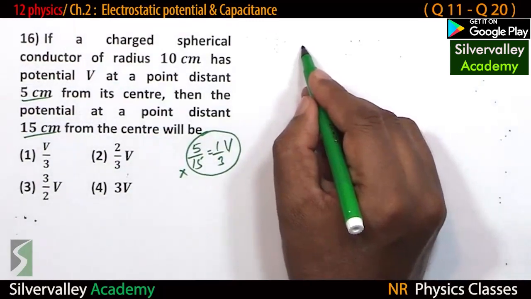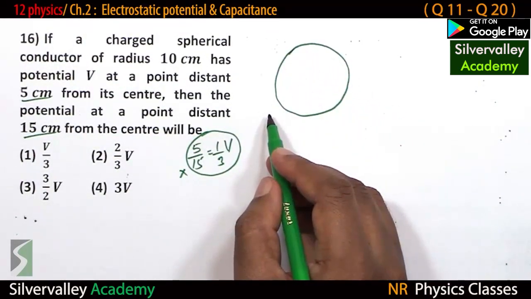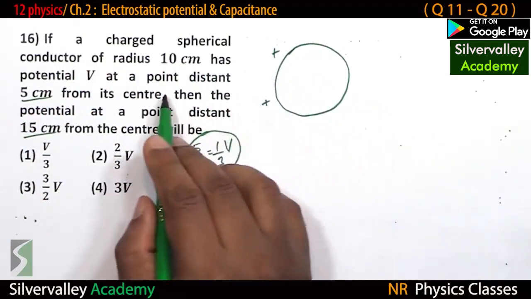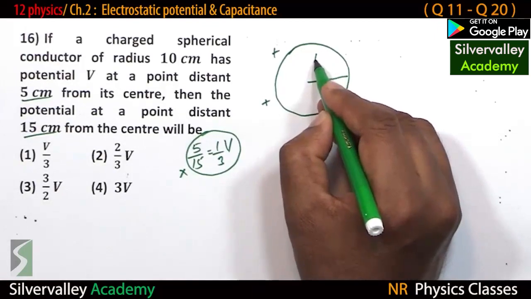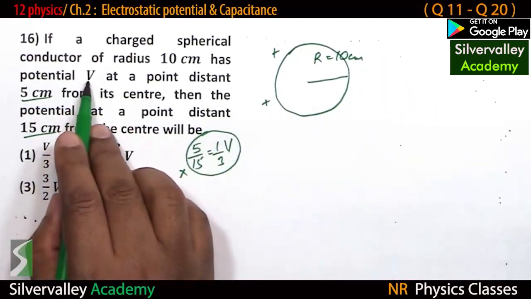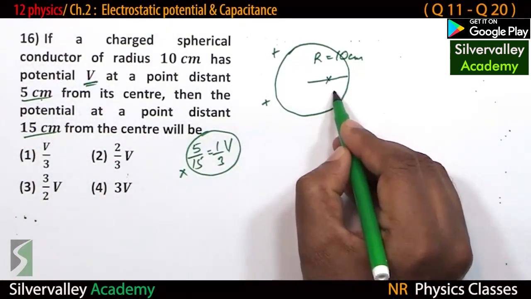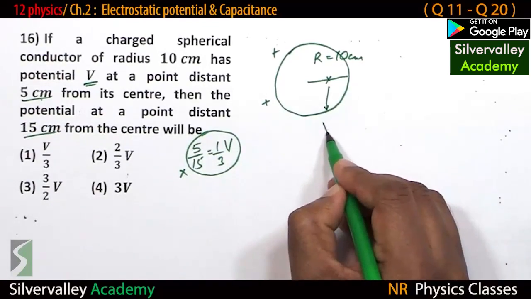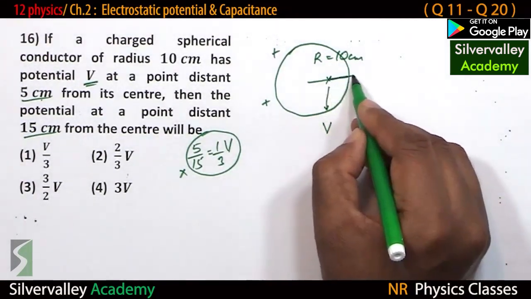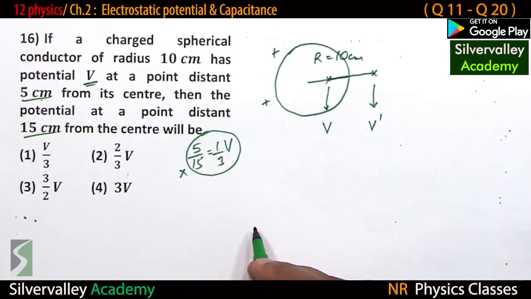Observe, if this is a charged spherical shell of radius r equal to 10 centimeter, then potential V is at a distance 5 centimeter. So at 5 centimeter potential is V. At a distance 15 centimeter potential is V dash.